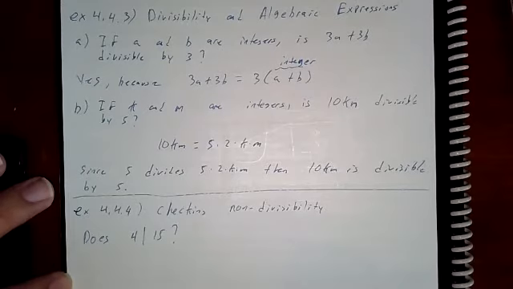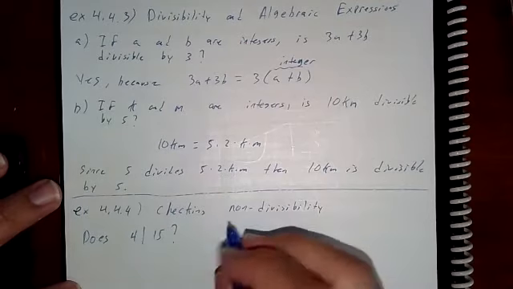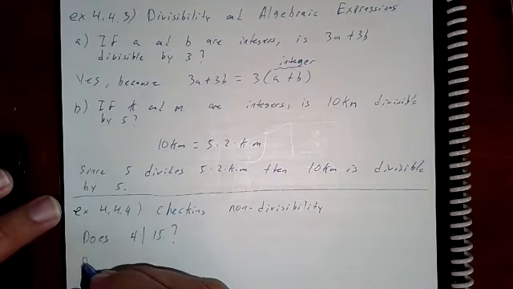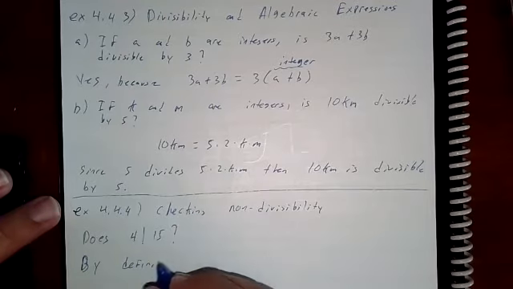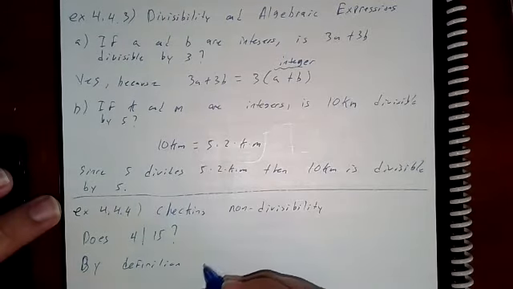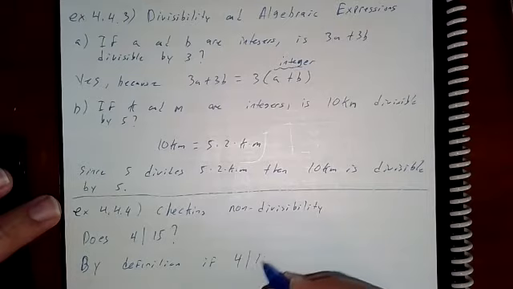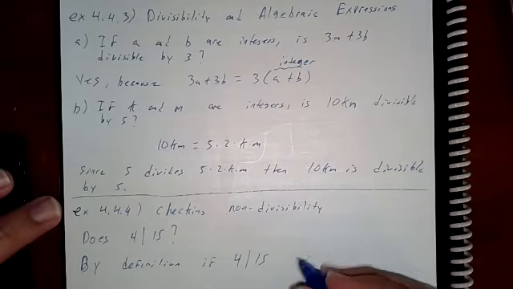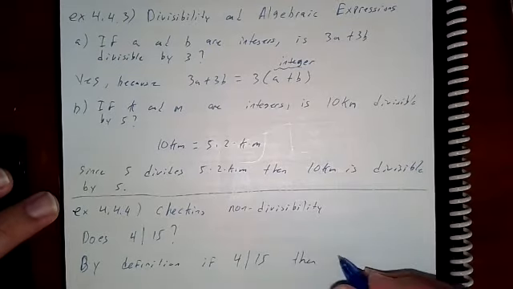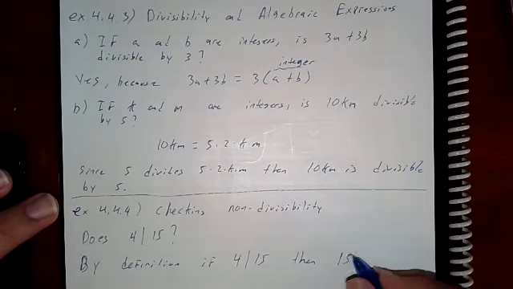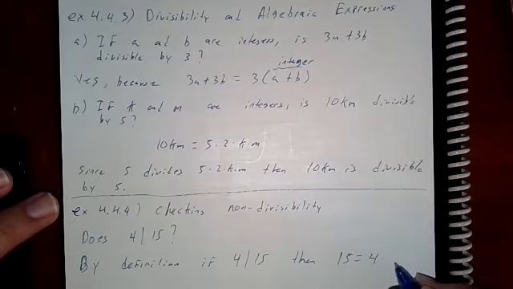By definition, the answer is no, right? Because by definition, let's write that. If 4 divides 15, then 15 can be written as 4 times some factor that equals 15, right?